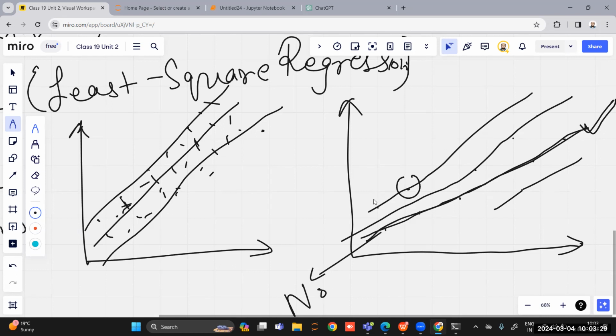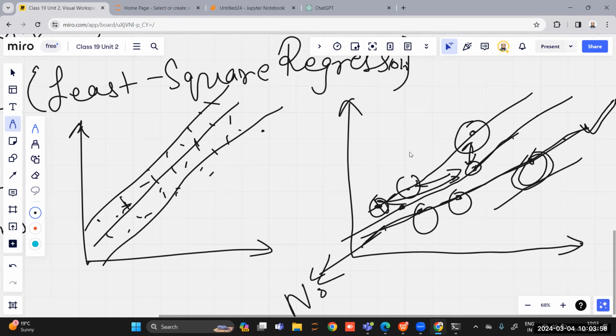Suppose this is point one, point two, point three, four and five, suppose six. There are many points that are not on this line, but they are on the other lines. So can we take it as regression? No. Why no? Because we can miss this observation from our data, and missing data is very harmful.